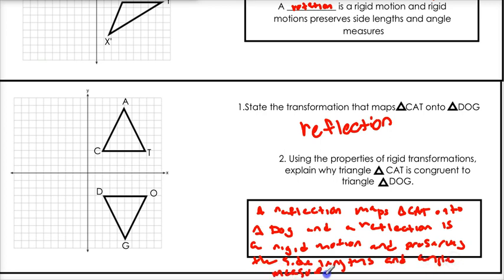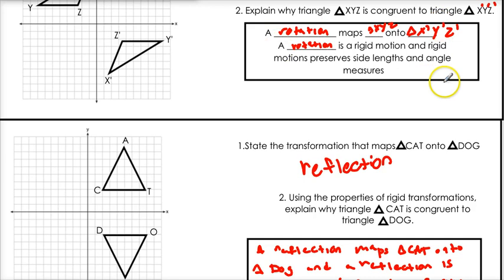That is enough to prove that they're congruent. I used a rigid motion to map them onto each other. That must mean that the side lengths and angles must be the same. So if you're ever wondering how do I write out my proof, you can use this sentence right here. Just fill in those words and you'll be good to go.